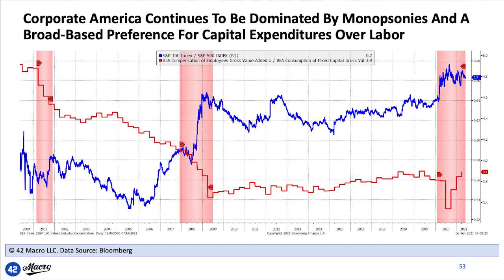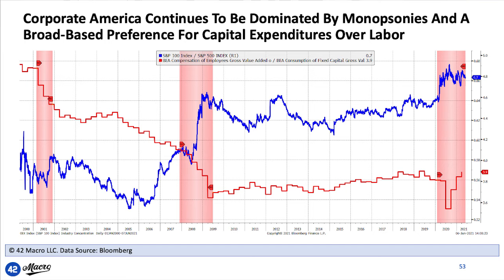So the blue line is showing the market cap of the S&P 100 index, the mega cap index, relative to the S&P 500 market cap. And so we went from the low 50s, around 54, in 05 to basically 66, 67% here in 2021. So that's a proxy for monopsony and industry concentration in the U.S. economy.